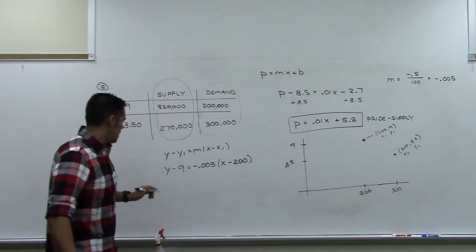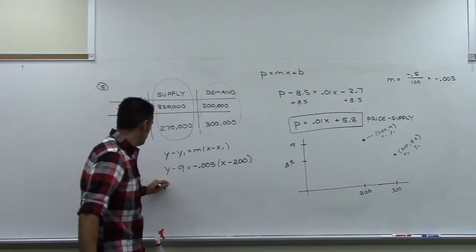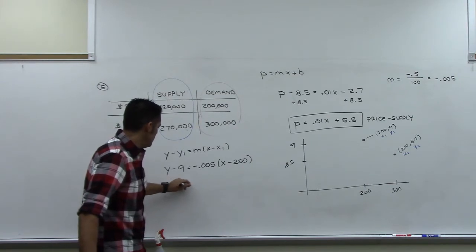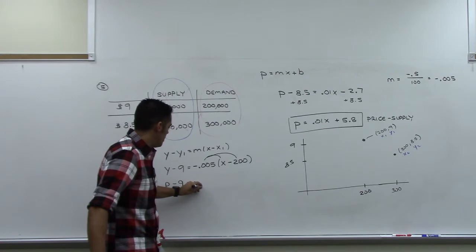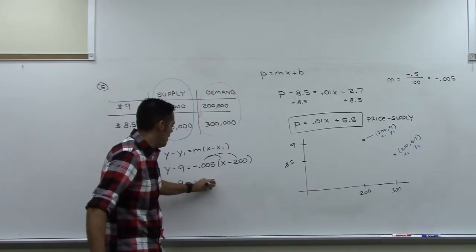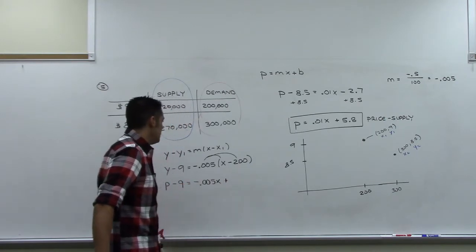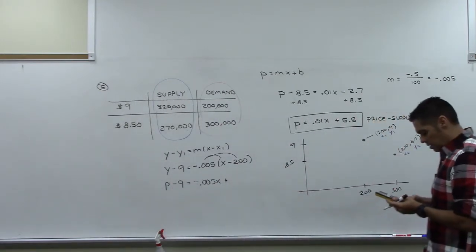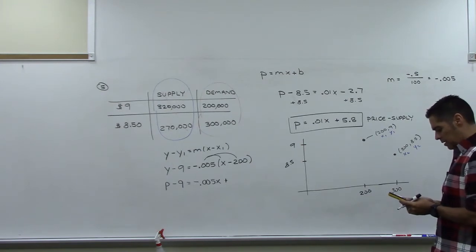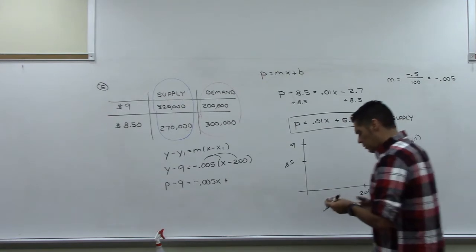All right, now I will change my variables. This is going to be price again, minus 9 equals, now let's distribute. So we get negative 0.005x, and then negative times negative is positive. And then just to, again, be sure I don't miss a decimal here, 0.005 times 200 should be 1.